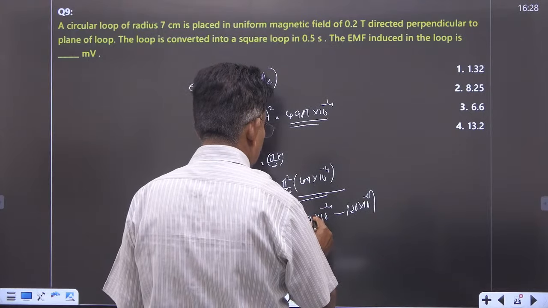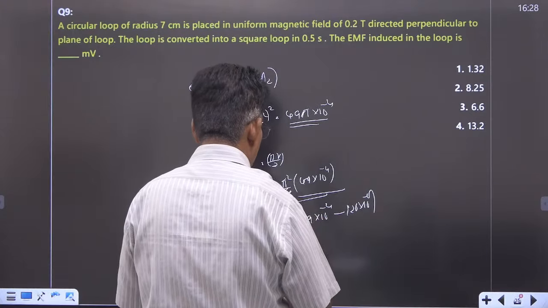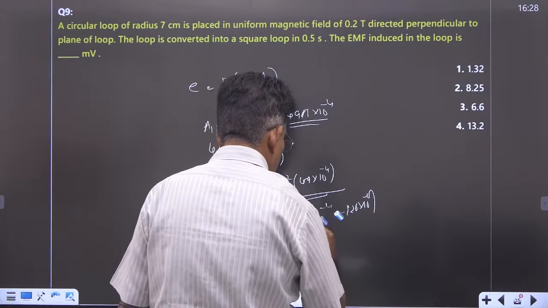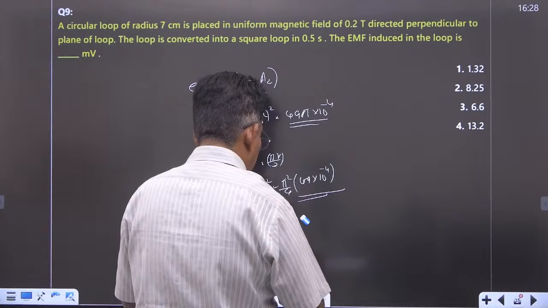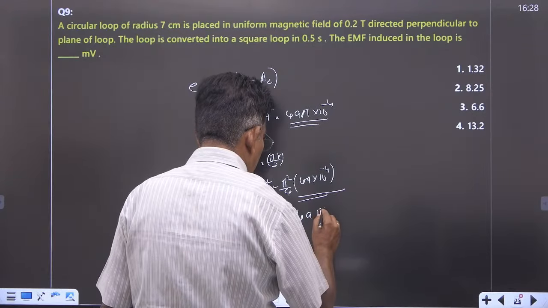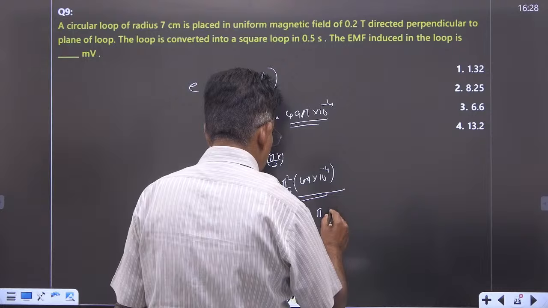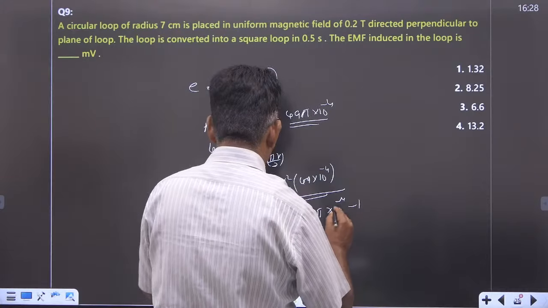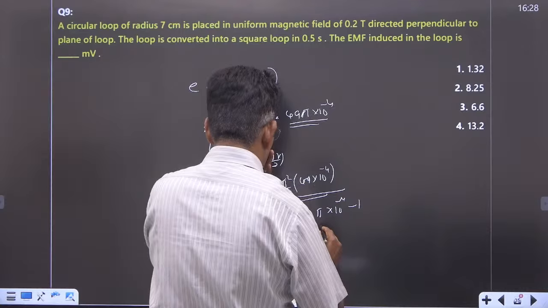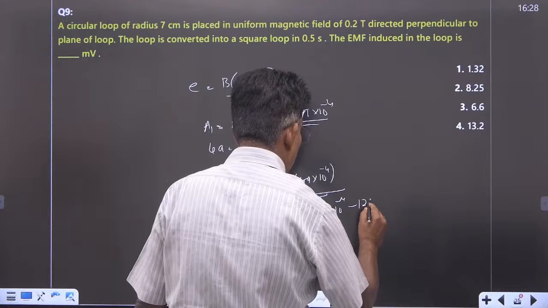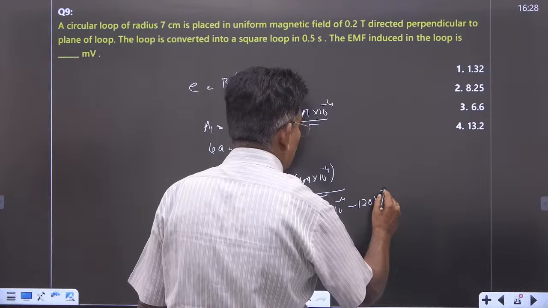This is 49 pi into 10 to the power of minus 4 minus this, which is nearly 120 into 10 to the power of minus 4.